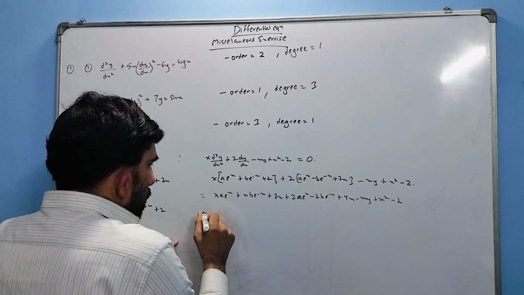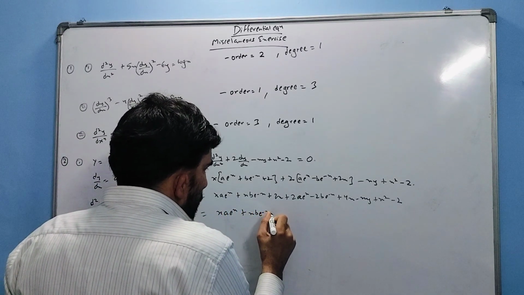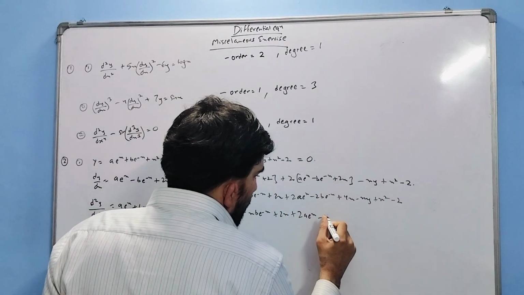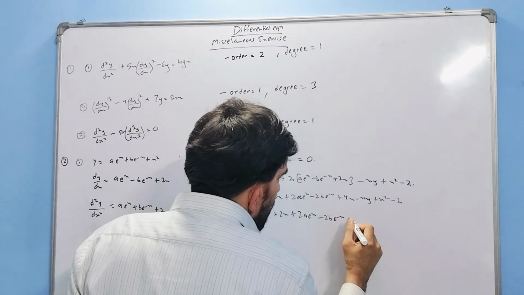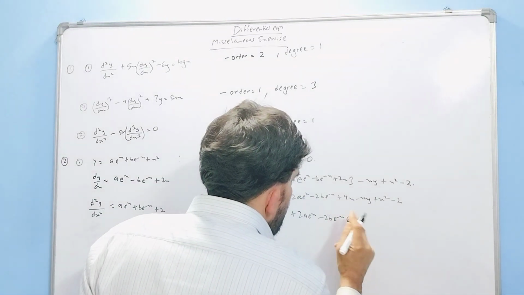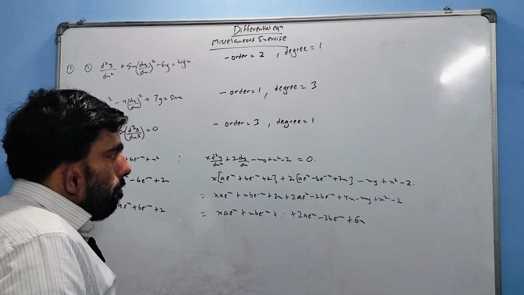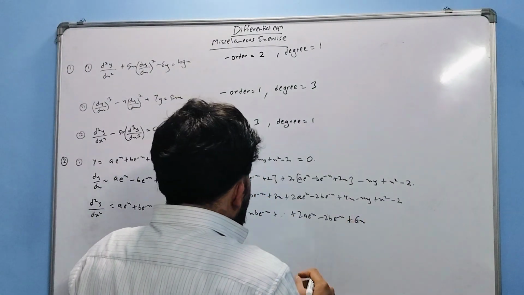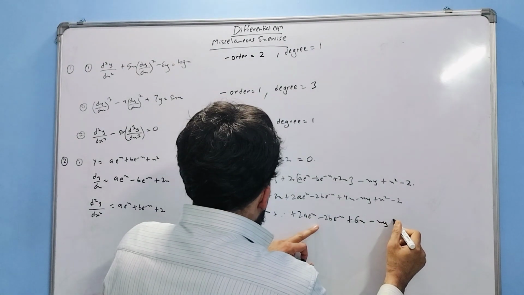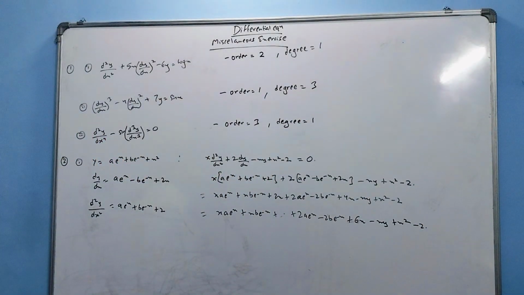So we put plus 6x, then minus xy, then plus x square minus 2. Okay, so this is what is given.